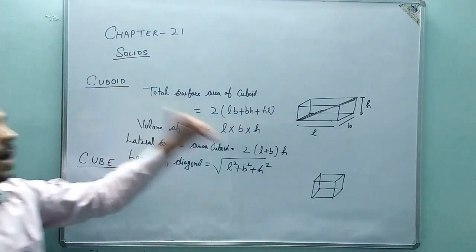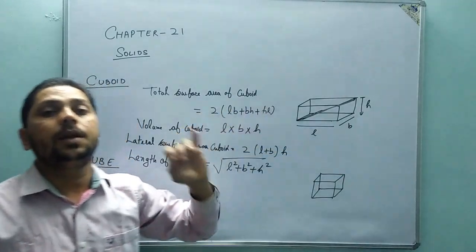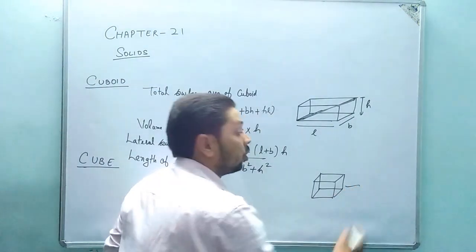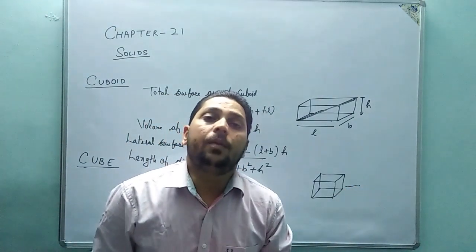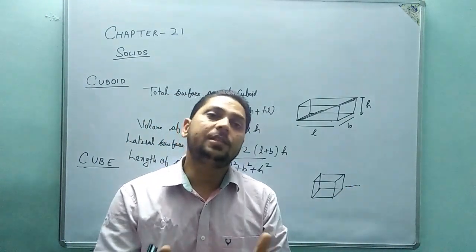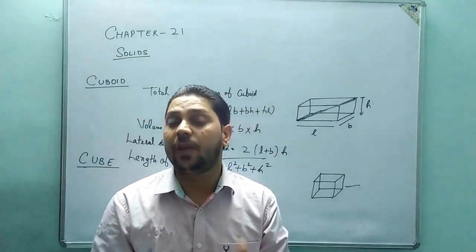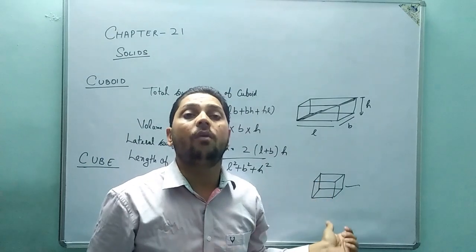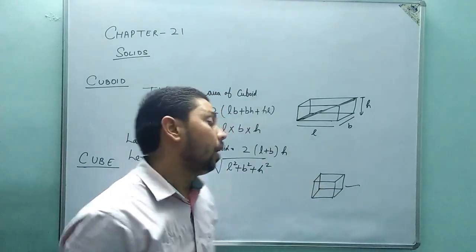Okay, now let us talk about the next 3D geometrical figure, which is the cube. A cube again is a three-dimensional geometrical figure with six faces, and each face is a square. So each side of this cube must be equal.